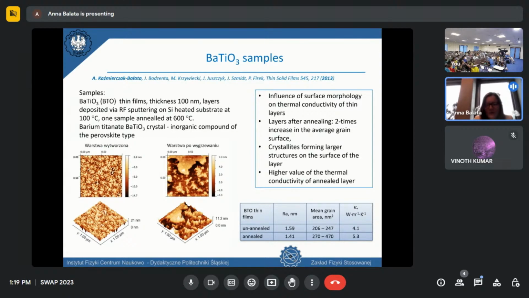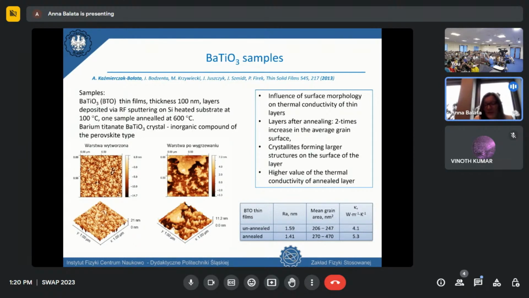As we can see here, the layer as deposited was built from densely packed small grains. And after annealing, we observed formation of larger structures on the surface of the layer. And it was reflected also in thermal properties.